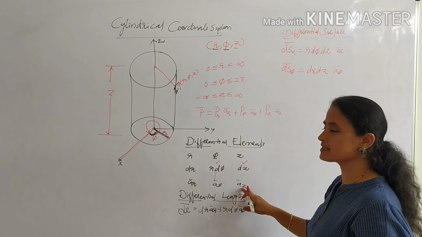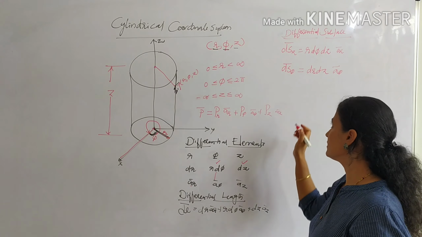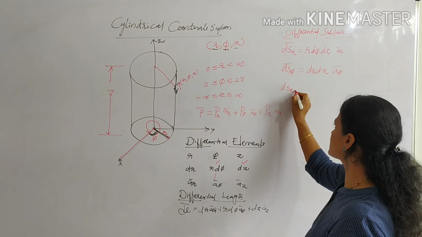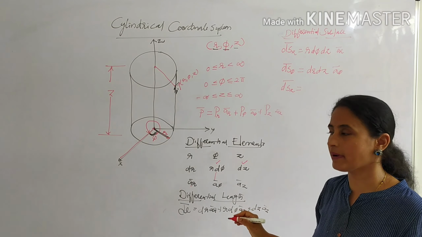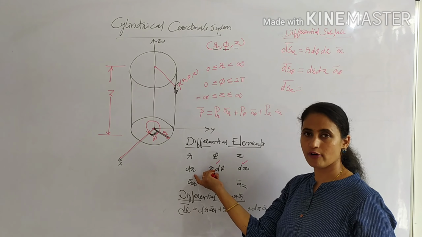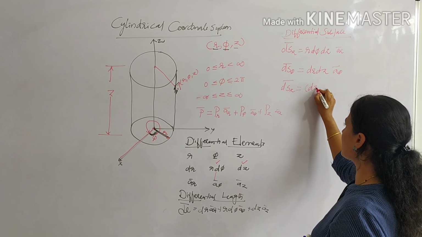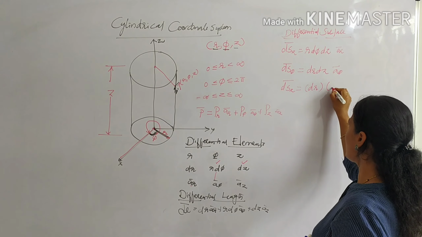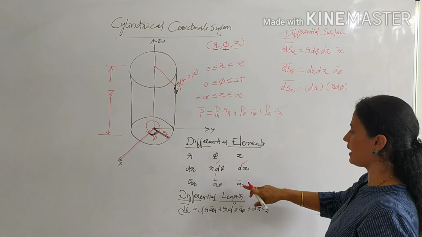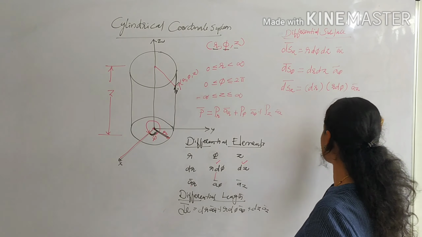Next, the differential surface normal to z is formed with the two coordinates dr and R d phi, and the unit vector is AZ.